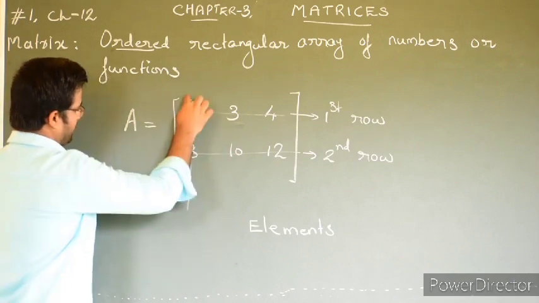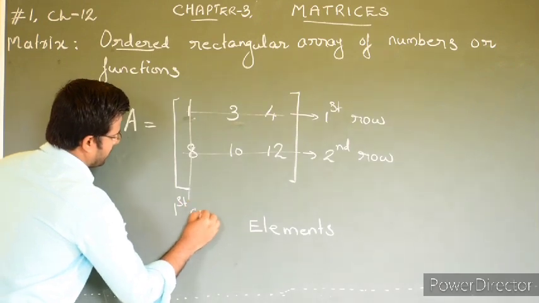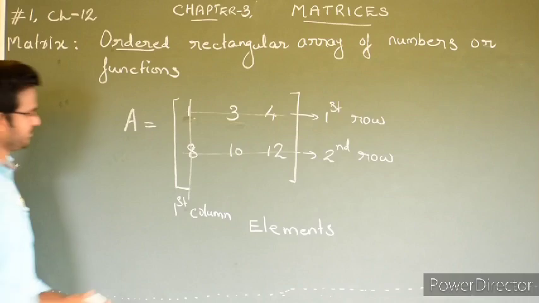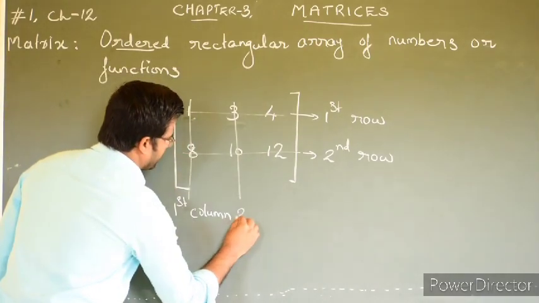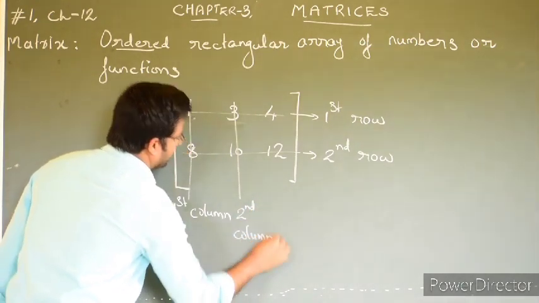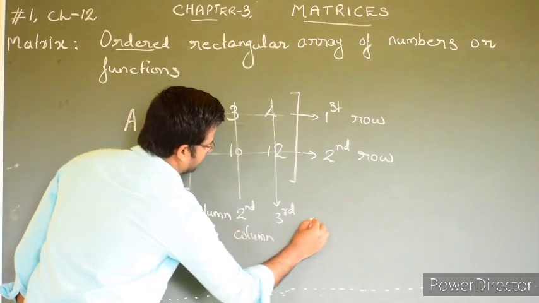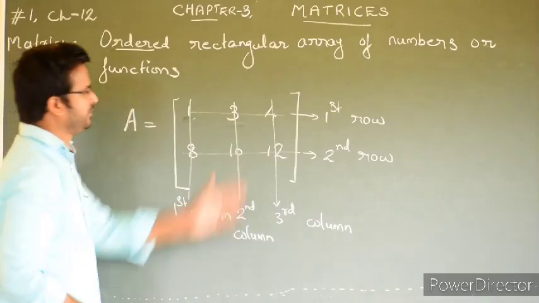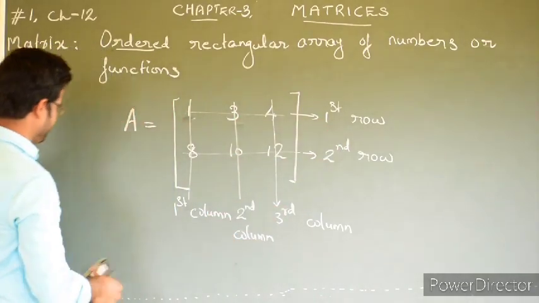Next, this is the first column, this is the second column, and this one is the third column. In this matrix, 2 rows are there, then 3 columns are there.